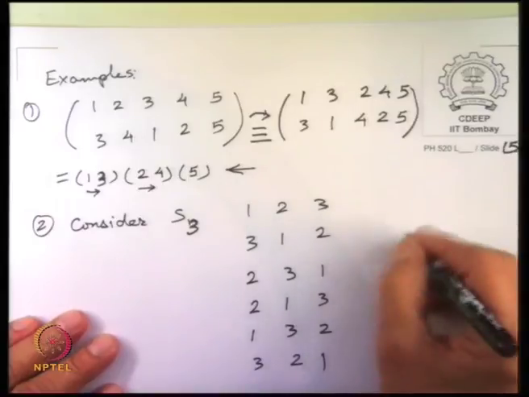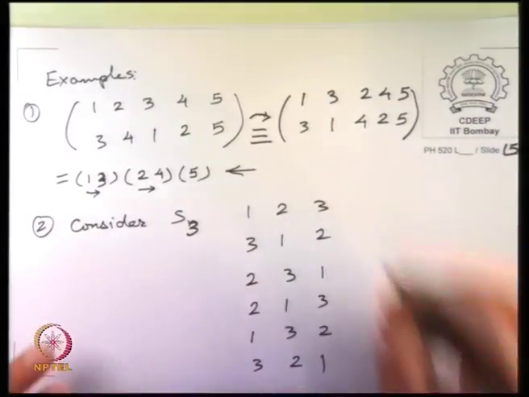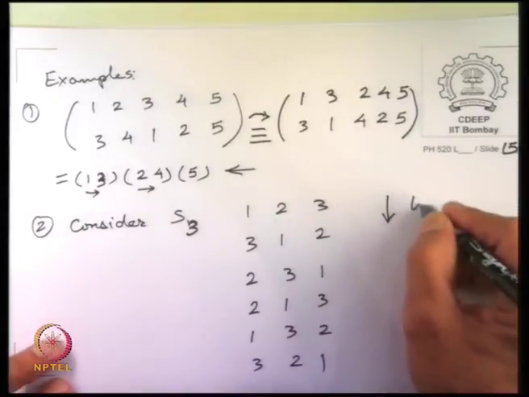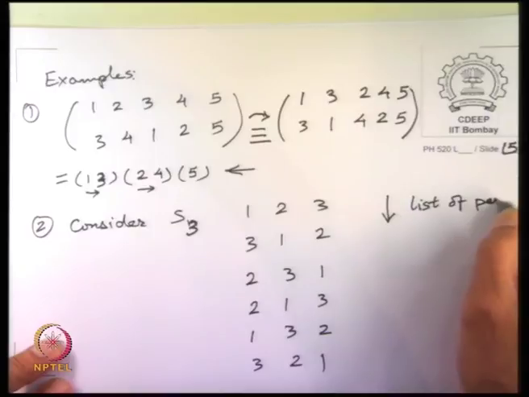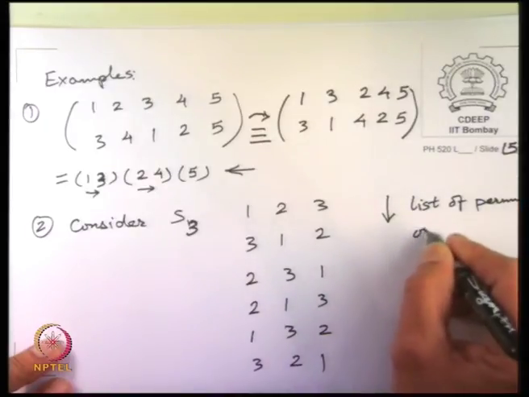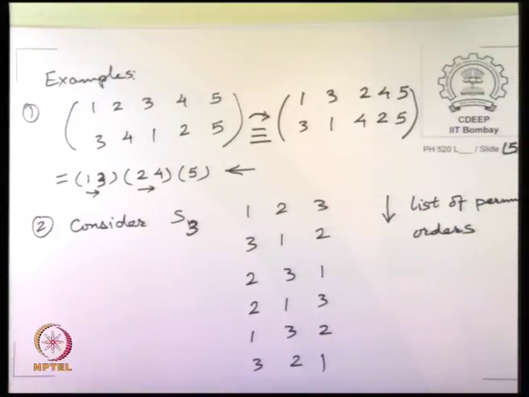I have to write out the permutation for each of them, which would take long, but you know what this means, right? So these are a list of permuted orders. I have 6 elements in S3 and they are essentially going like this.